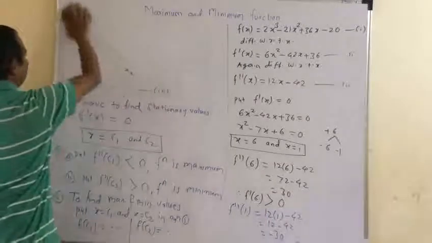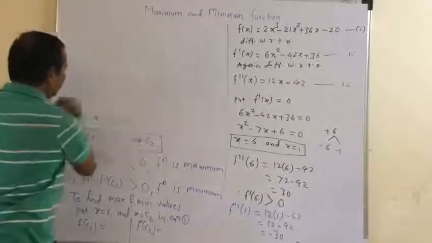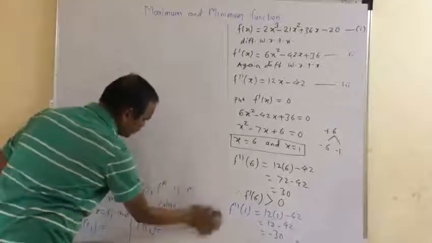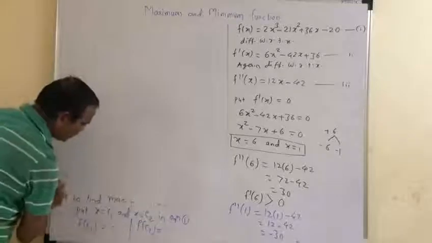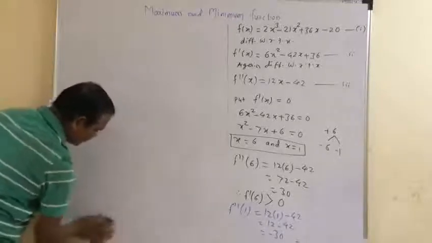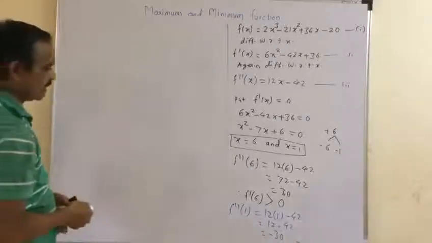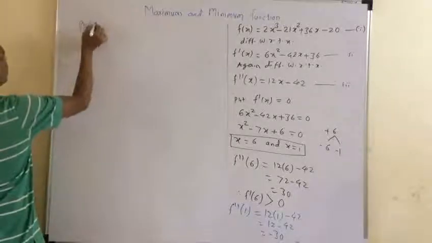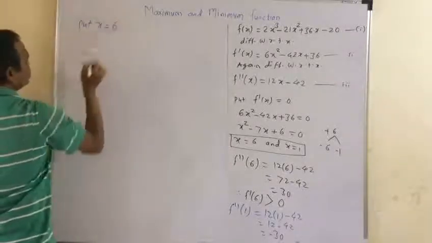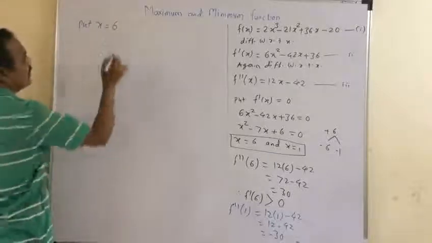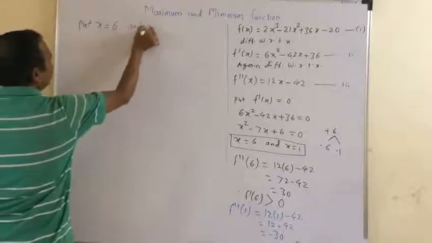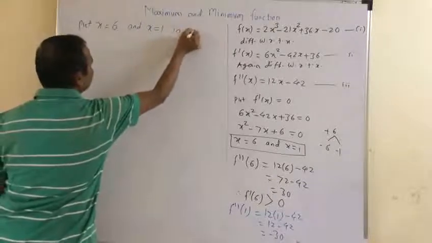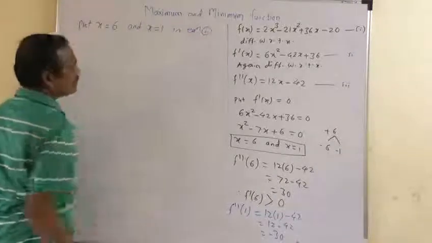Next step, to find the maximum and minimum values, we put the stationary values in equation 1, the given function. Here we put x is equal to 6 and x is equal to 1 in the given function, that means in equation 1.